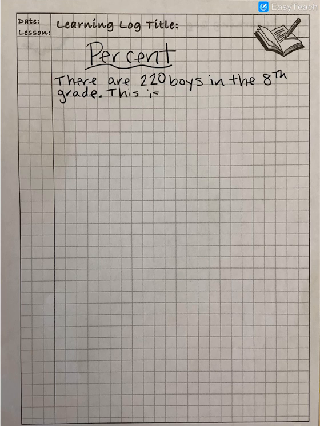This is 40% of the total 8th grade students. How many 8th graders are there?